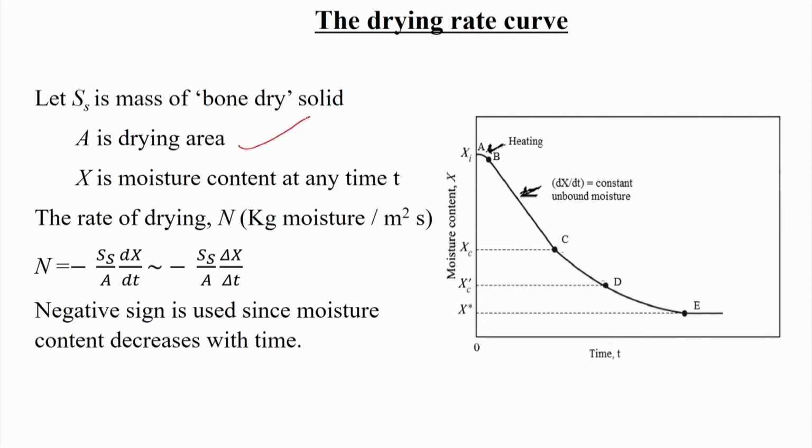But for simplicity, we assume that A remains constant throughout the drying process, and x is the moisture content at any time.